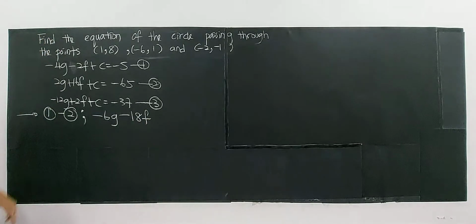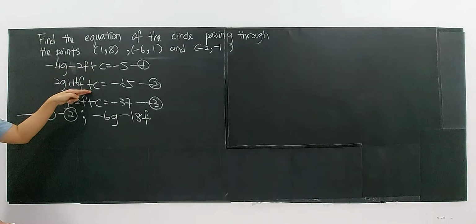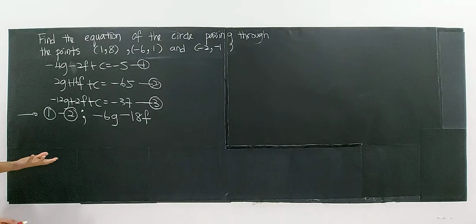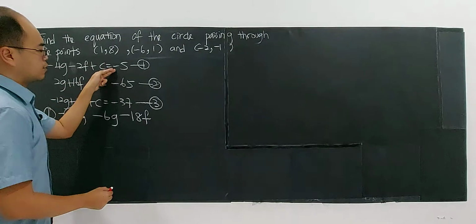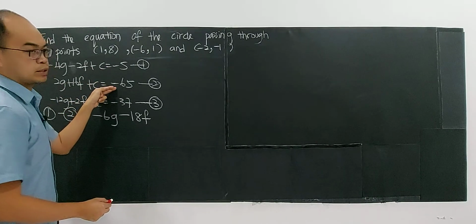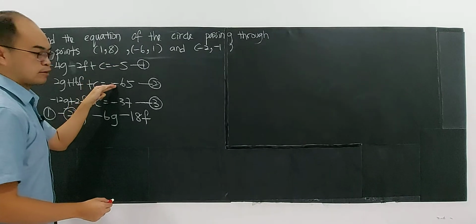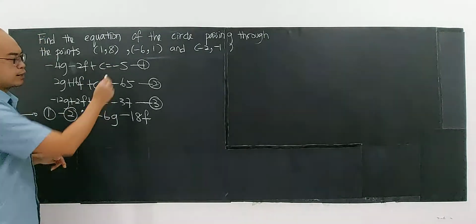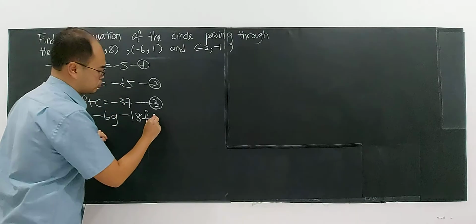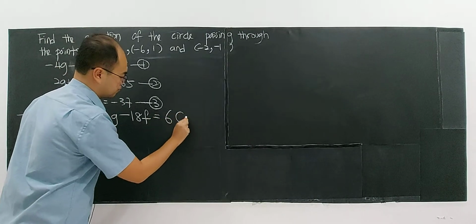And c minus c, you get 0. And -5 minus -65, which is -5 plus 65, which gives you 60.